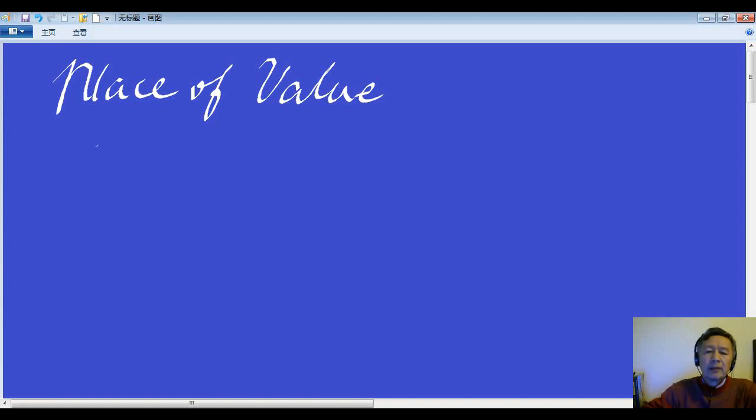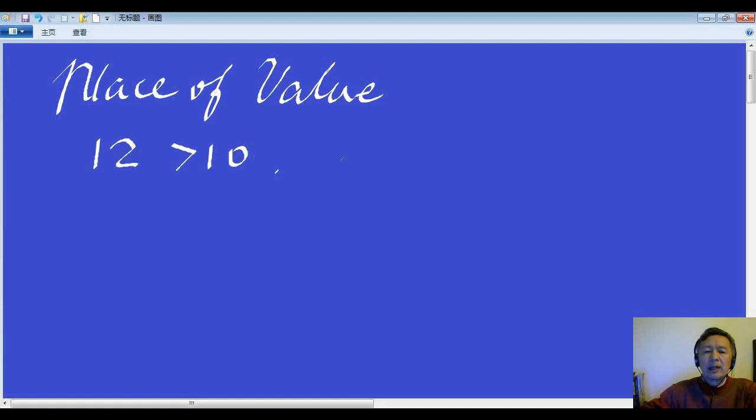So given a number, say the number 12. You know that this is a number that represents 12. So 12 is obviously larger than 10. Now, if you don't know this arrangement, you may wonder.